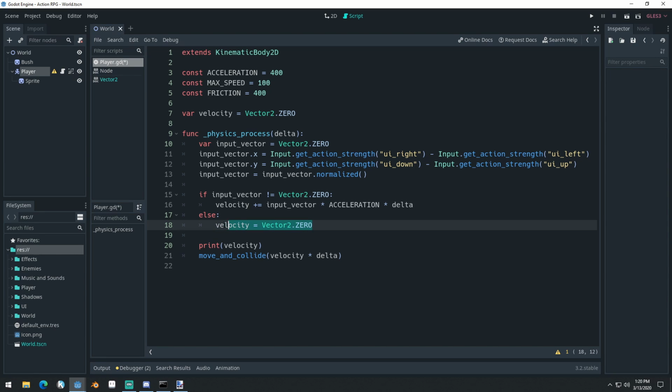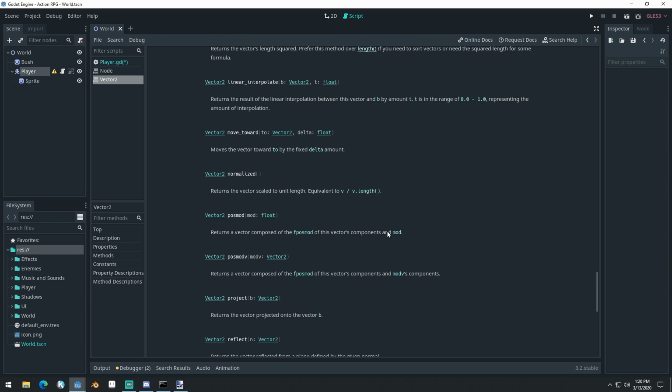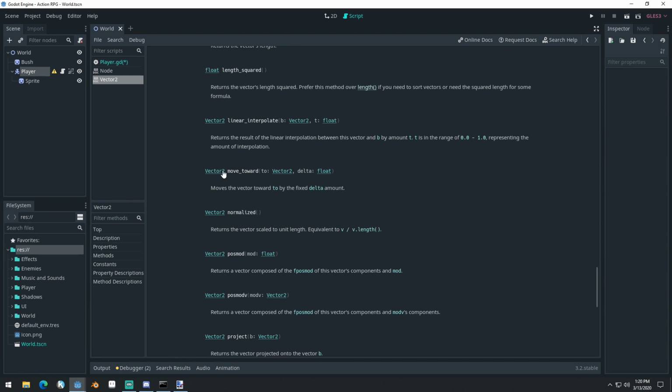So how do we apply a friction here? Because currently we're just setting our velocity to 0 when we're not pressing anything, and that doesn't make a lot of sense. We want to apply a friction. Well, there's another useful function inside of Vector2. Let's click on Vector2 right here. And we have a special function called move toward. Now this function can be used to apply friction to something. We can give it a vector that we want to move towards.